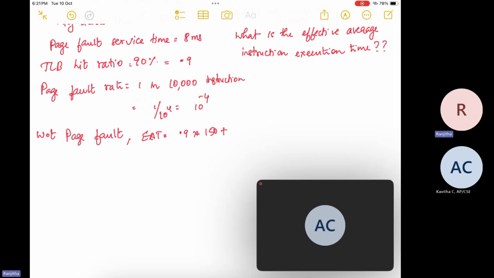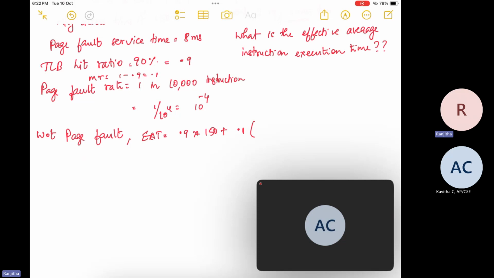If it is not there in the TLB, it is a miss. Miss rate is 1 minus 0.9, which is 0.1. This into L plus 1 into memory access time, as we have seen.